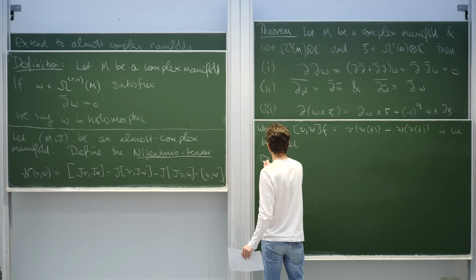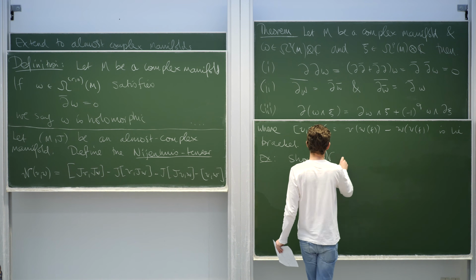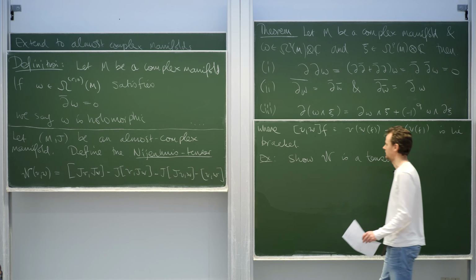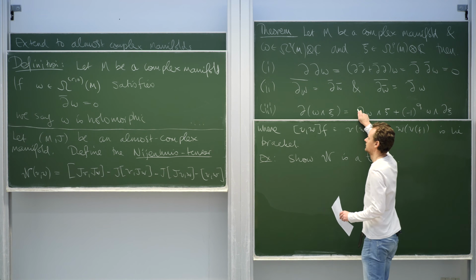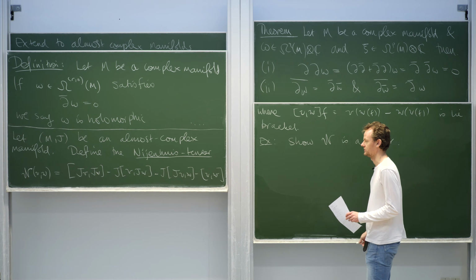So the exercise here is show that N is a tensor, meaning a multilinear function on TM tensor TM tensor TM star.